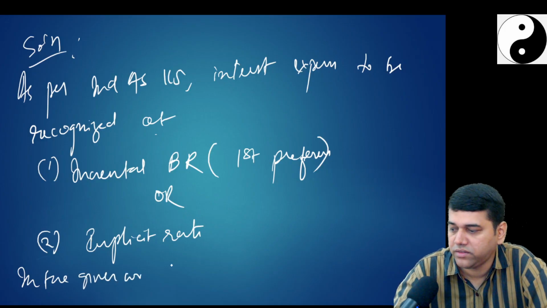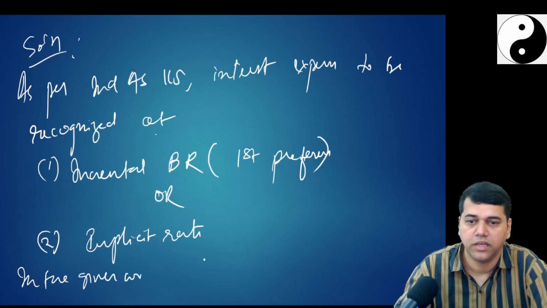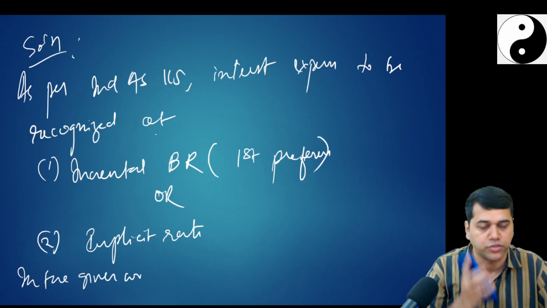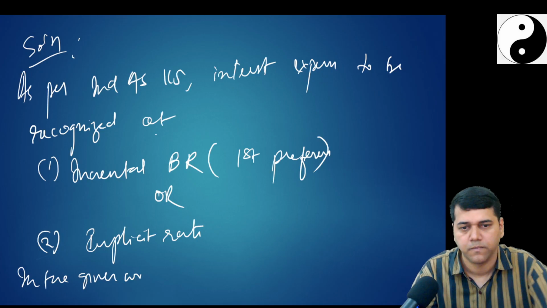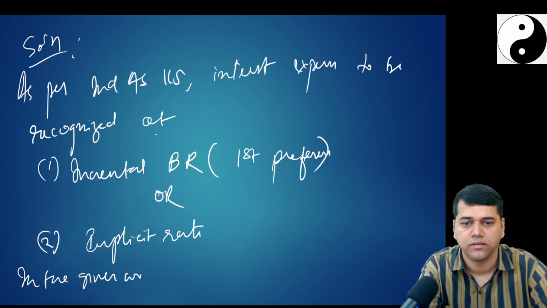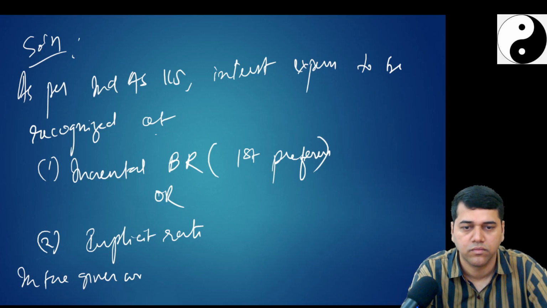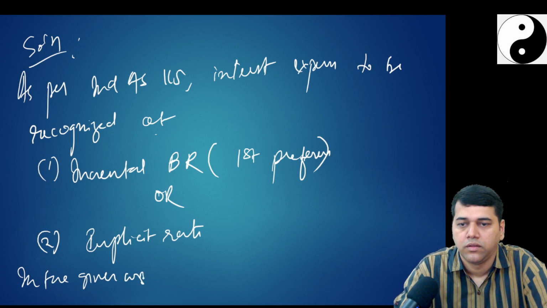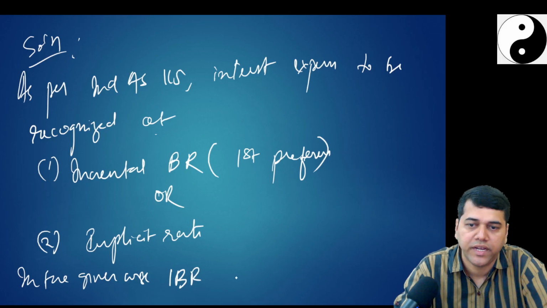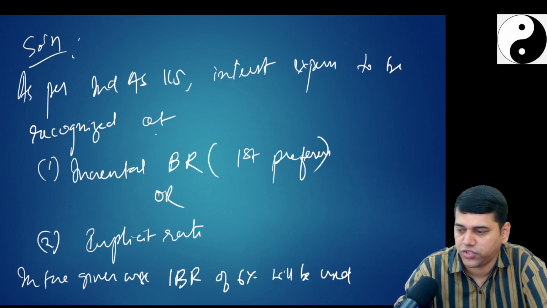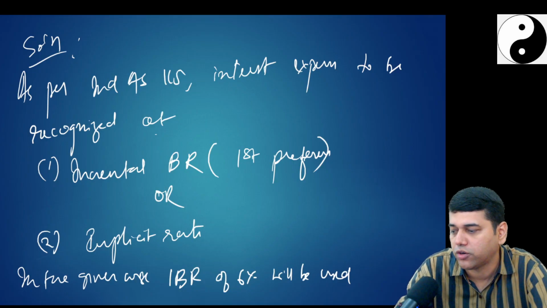In the given case, the incremental borrowing rate of 6% will be used. So, first you will tell which rate you are going to use.